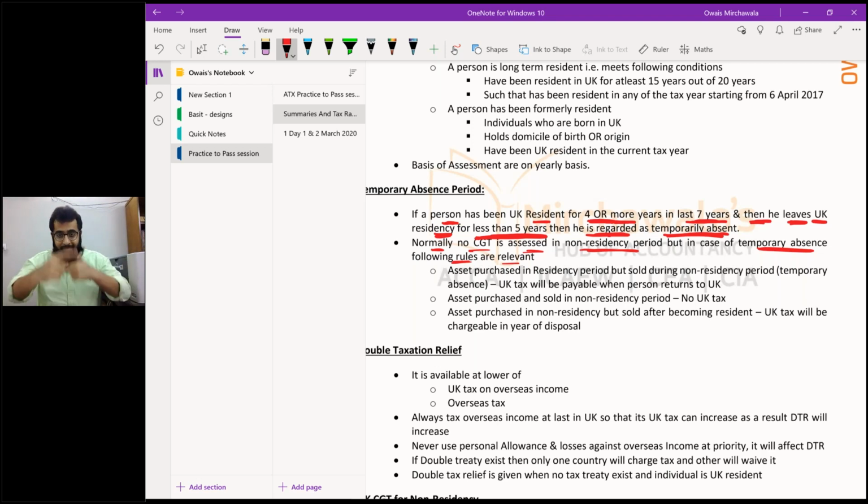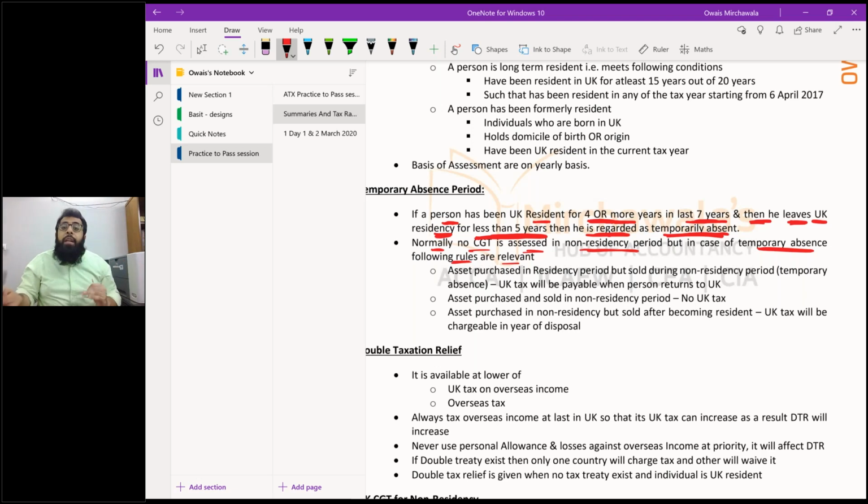Listen to it again. If you leave UK for less than 5 years, then you are called temporarily absent. Now, what happens if you are temporarily absent? If you sell any asset while being non-resident, then those disposals will be subject to CGT when you return back to UK.